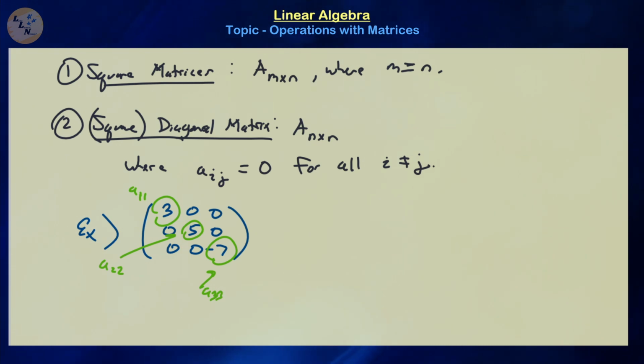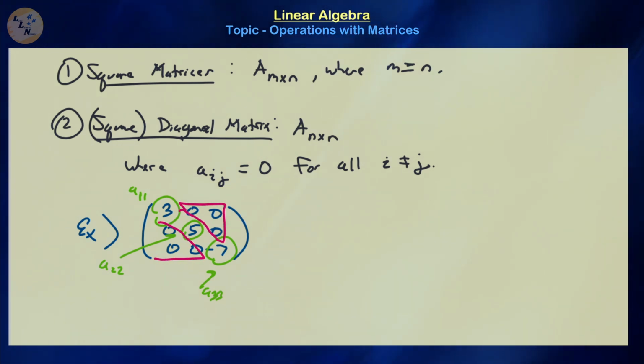Notice that the indices of them match, so 1,1, 2,2, 3,3. If you're familiar with the Kronecker delta function, which you definitely should be by now, notice that this connects with the diagonal entries. All of the elements off the diagonal, for example in that lower little triangle and this upper little triangle, must be 0 in order for this to be a diagonal matrix.